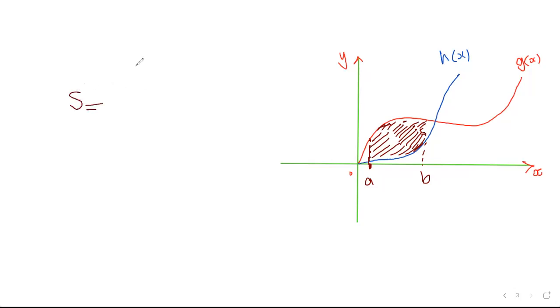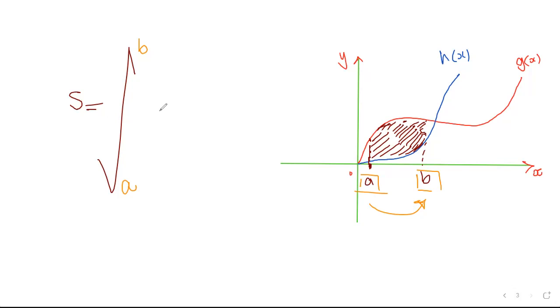We say S equals the integration from the lower limit to the upper limit, provided that when you walk from A to B, both functions are continuous. However, we set the rules a couple of minutes ago. We said that first, we write the function which stands above the other one. Between A and B, which function is above the other one? G, the one which is red.